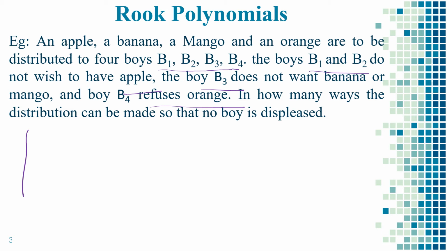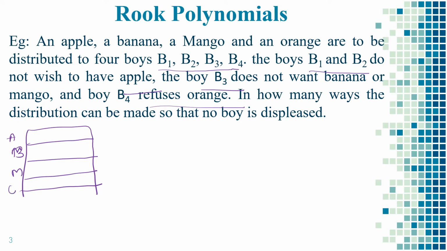So again, let me consider the board in which the number of objects are 4, that is apple, banana, mango, and the last one is orange. Same way we have the 4 positions, that is boys B1, B2, B3 and B4.